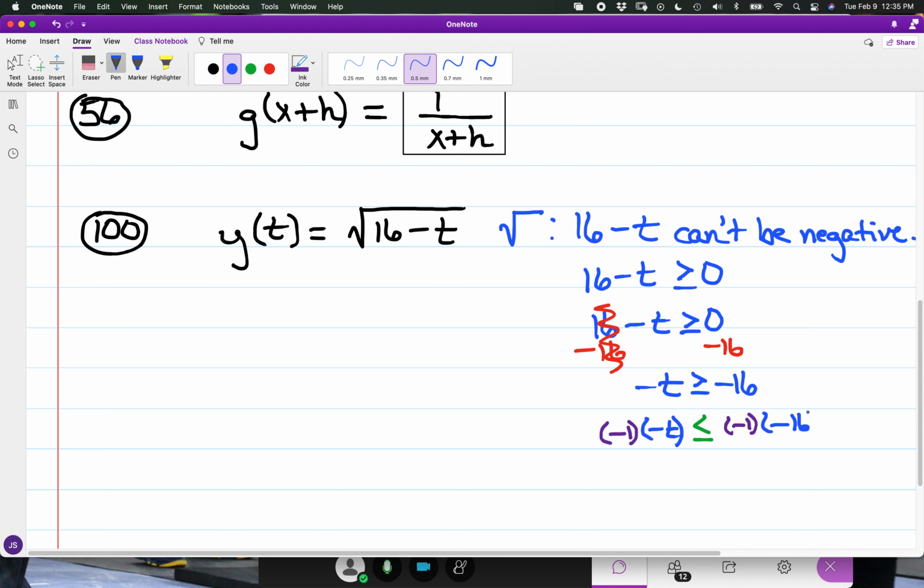And so for the defining inequality, we're going to have that t is less than or equal to negative 1 times negative 16, which will be positive 16.